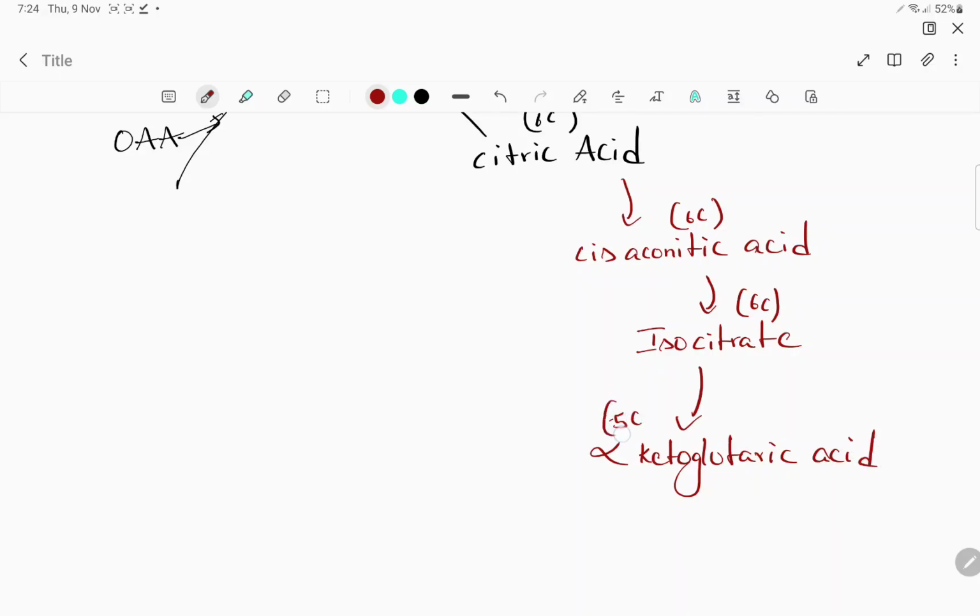This is a 5 carbon compound, and here NADH2 is produced. Actually 1 carbon dioxide is gone and NADH2 is produced from NAD plus.